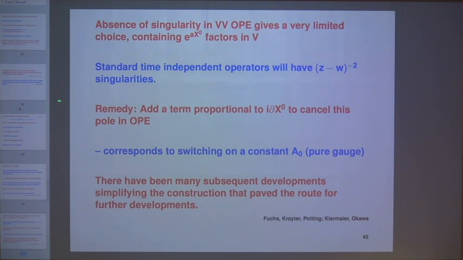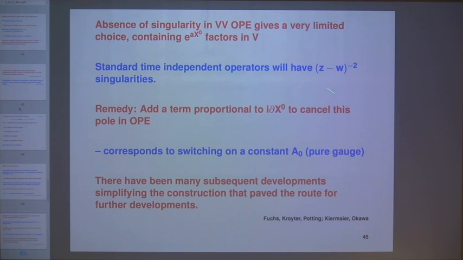But there is a more general remedy, if you want to use time independent operators, which is that we can add a term proportional to i del x naught, where x naught is the time coordinate, to the original vertex operator. Instead of using V, you use V plus some constant times i del x naught, and you simply adjust that constant so that there is no pole in the OPE.